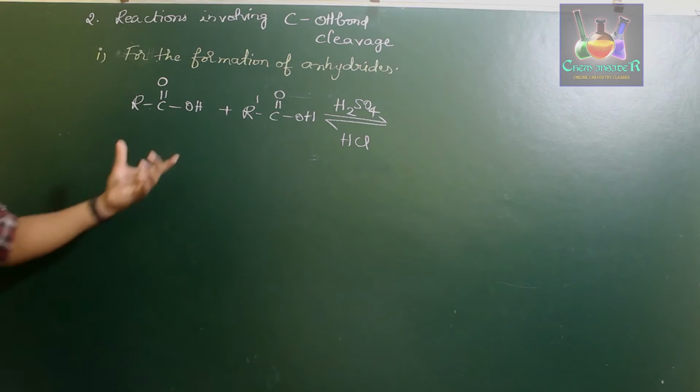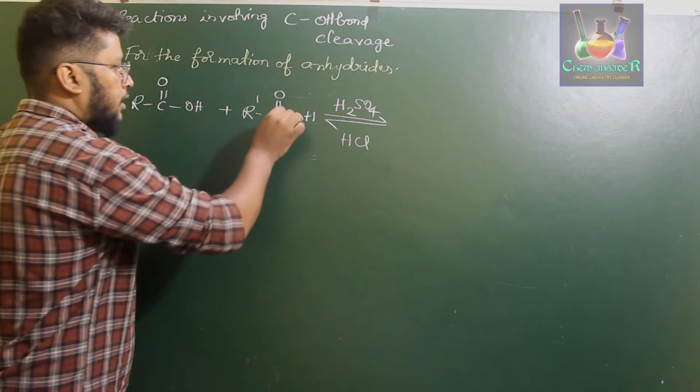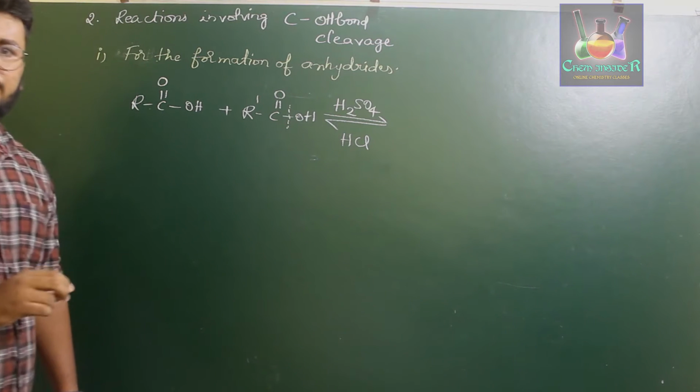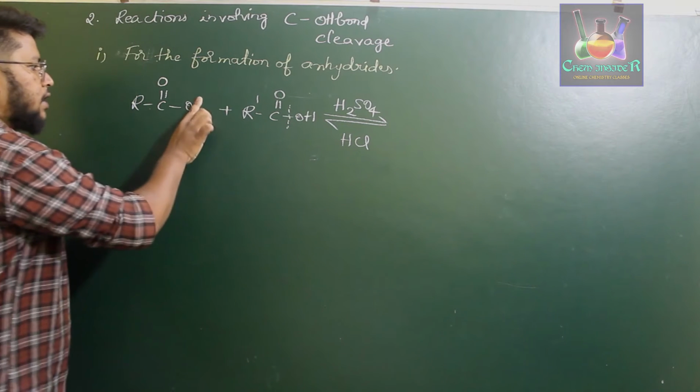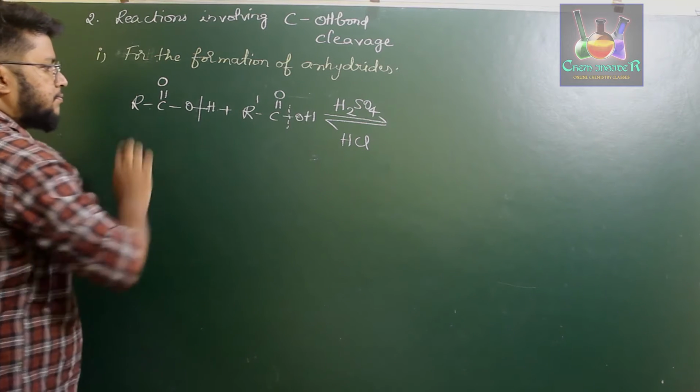When two carboxylic acids are treated, one of the carboxylic acids will be involved in the cleavage of the carbon and oxygen bond of the OH group, and the other carboxylic acid will be involved in the bond breakage of oxygen and hydrogen.